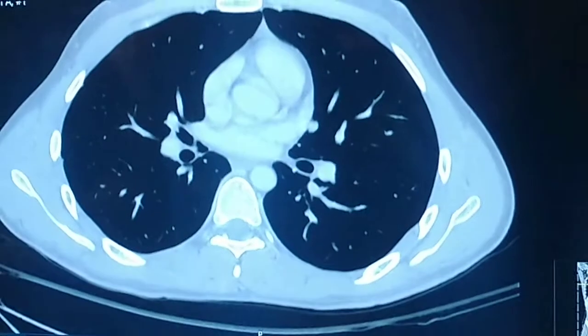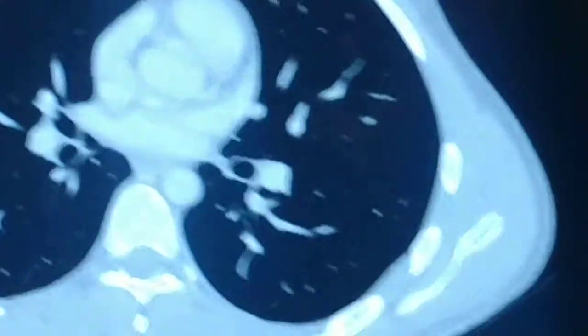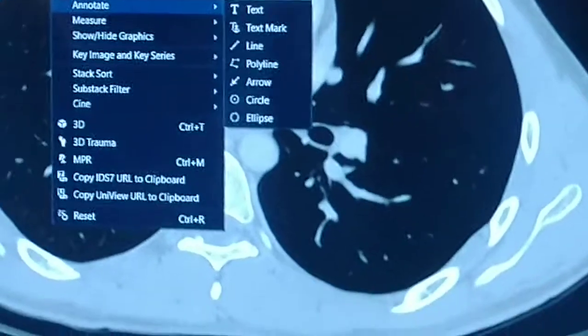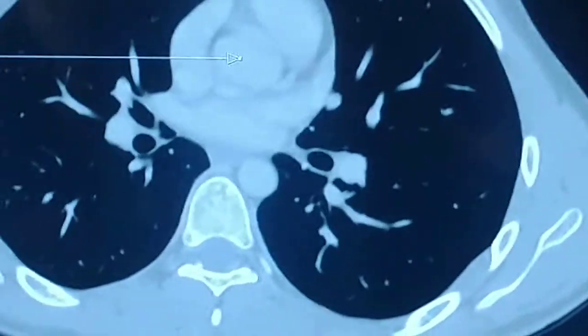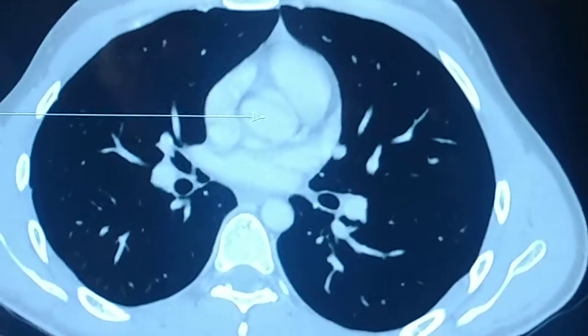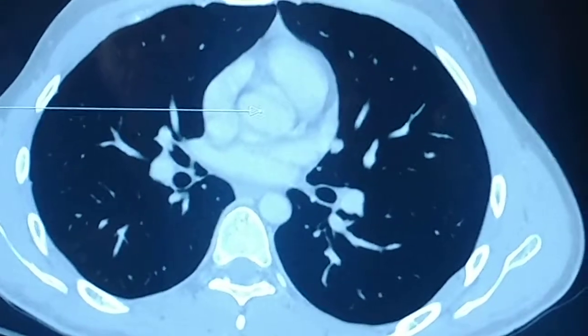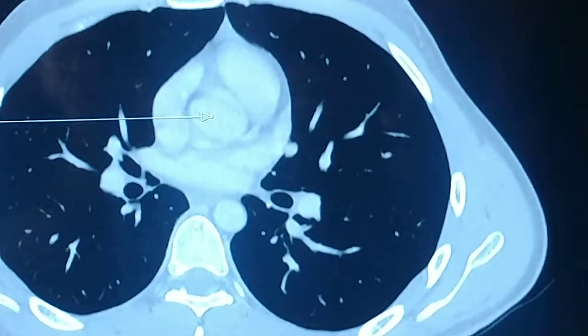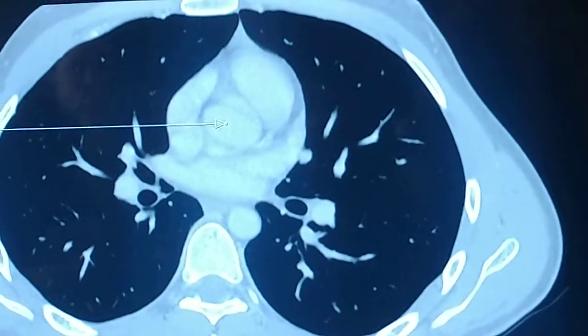Now we're in the heart, at the base of the heart here. So aorta, right? Dead center of the heart. Almost always you can just say aorta. So there's my AO.